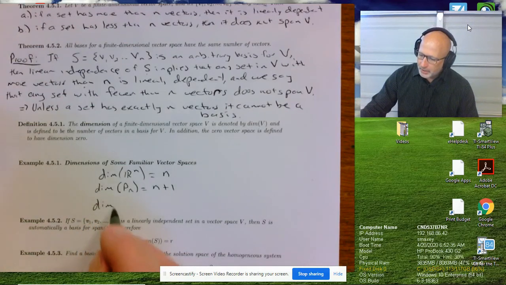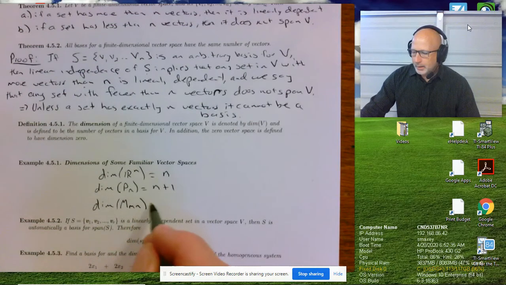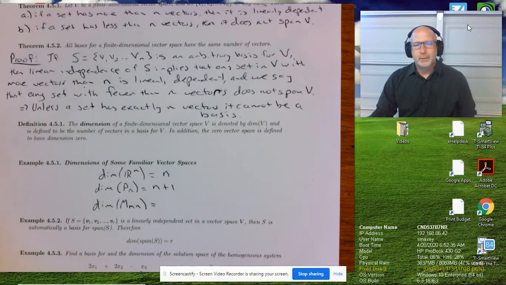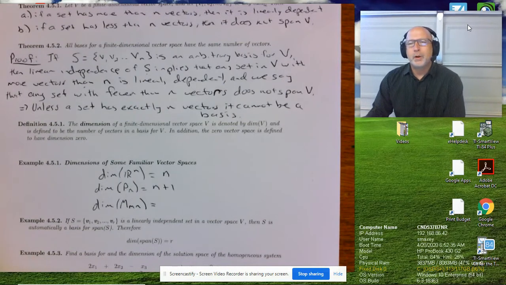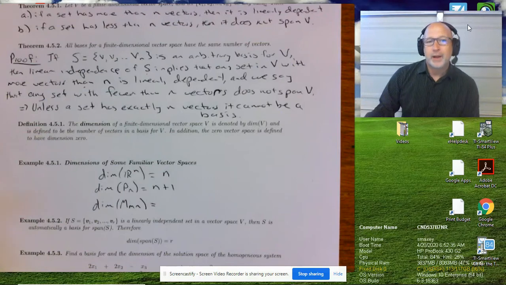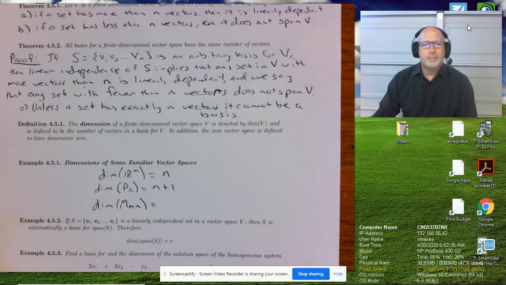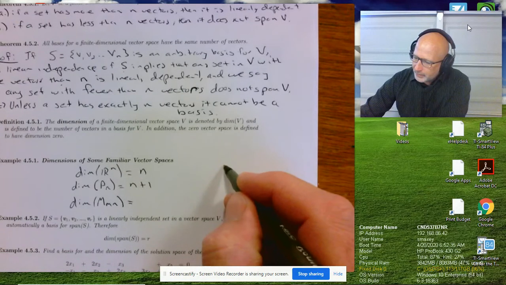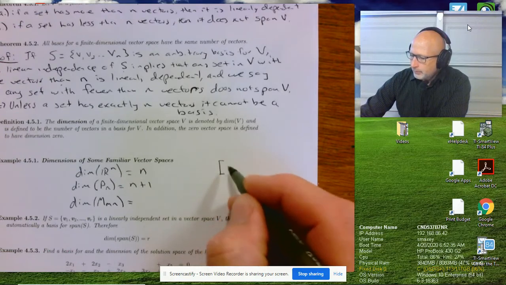And then the dimension of a matrix space that's m by n. What will that be? It's a little trickier to view, but remember, it's a set of vectors that can create that space. So what's the basis of that set going to be? We've done this before, when we first dealt with matrices. Let's deal with 2 by 3 matrices.